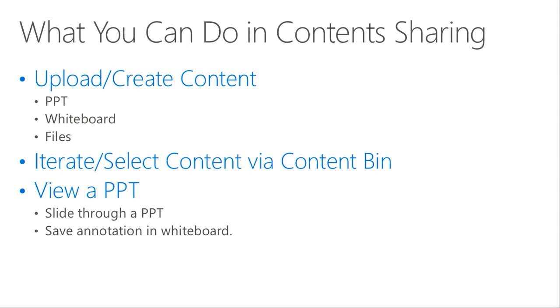Once you create the content, you can iterate or select all these contents in the content bin, because all those contents can be put into the content bin. And in the conversation window, you can view a PowerPoint, and you can also slide through a PowerPoint, going forward and going backward. You can also save your annotation in the whiteboard to a file.